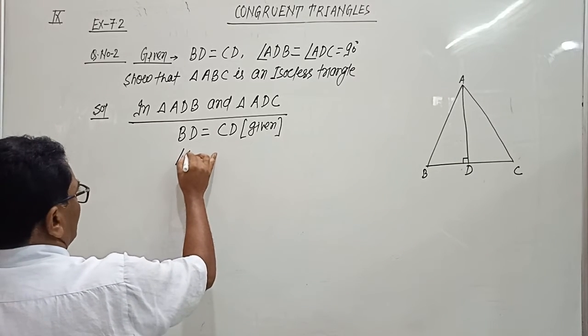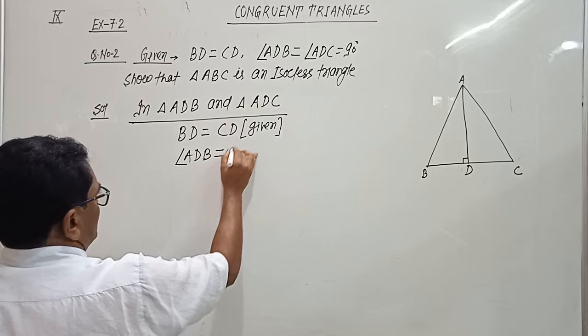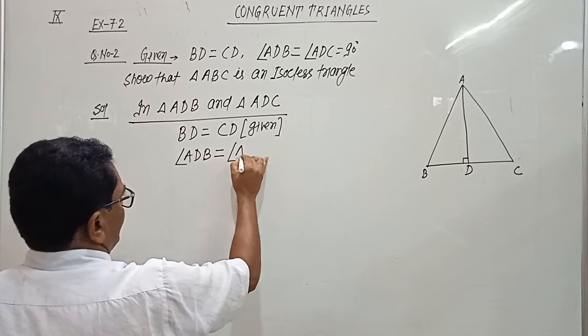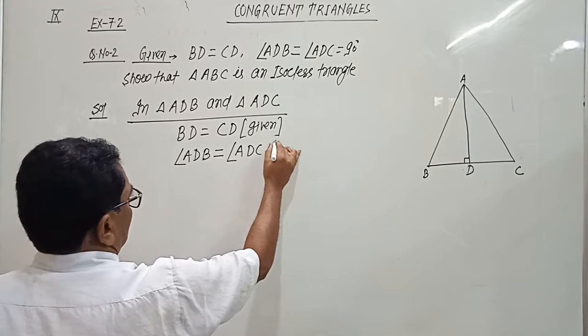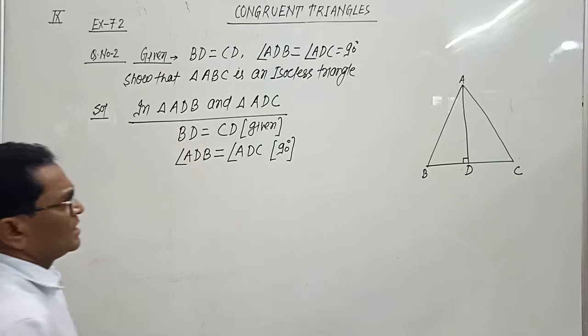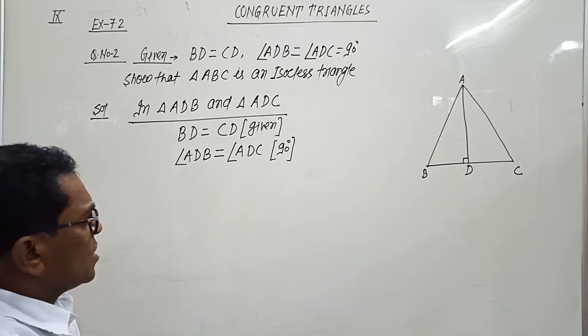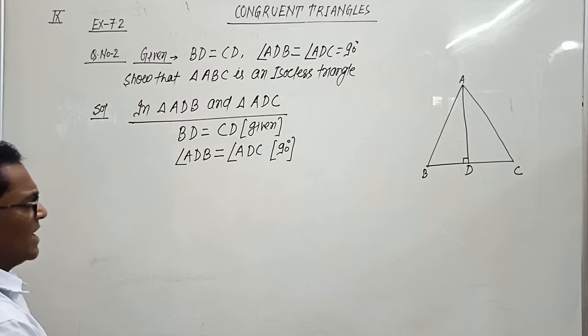Angle ADB is equal to angle ADC, 90 degrees, because AD is perpendicular, and AD is the common side for both the triangles.